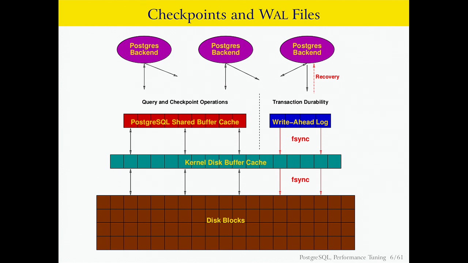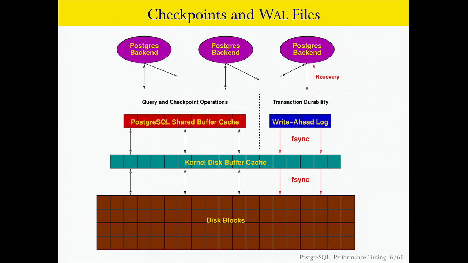And that's why the majority of the shared memory allocated to Postgres is this shared buffer cache. So all of the reads and all of the writes have to happen in that shared memory. They really can't happen in your local memory. Again, this is back to what I talked about before.